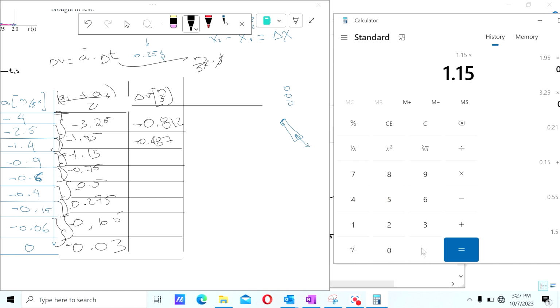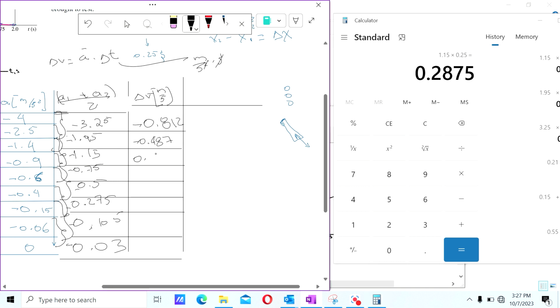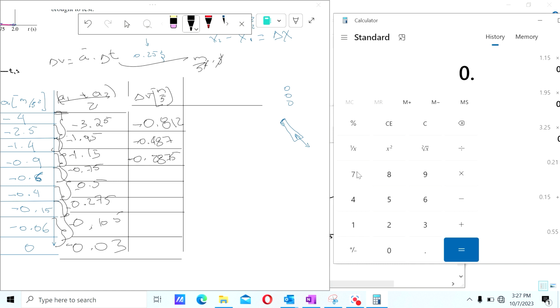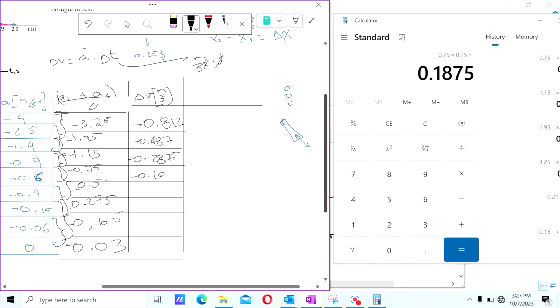1.15 times 0.25 equals, this one is 0.2875, and is negative, don't forget the negative. Okay, negative 0.75 times 0.25, so a quarter of 0.75 is negative 0.187.